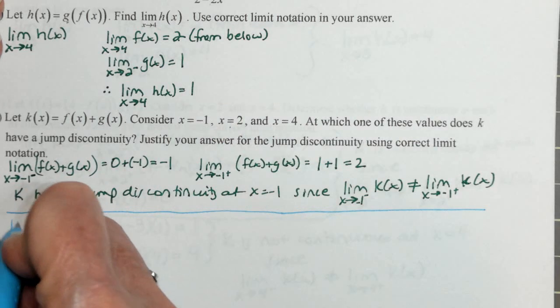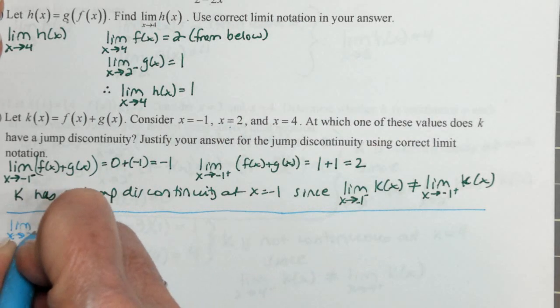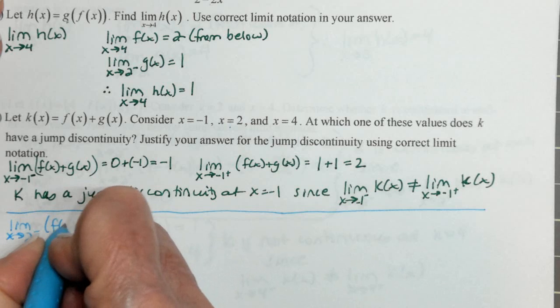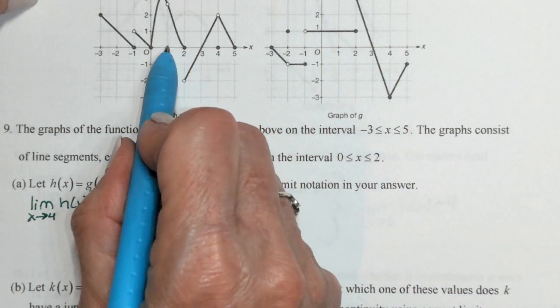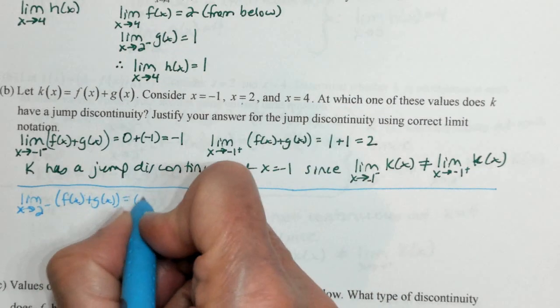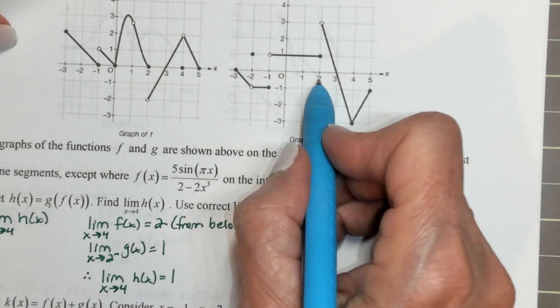Same thing. Limit as x approaches 2 from the left of k of x. So 2 from the left is 0 on f, and on g, 2 from the left is 1.